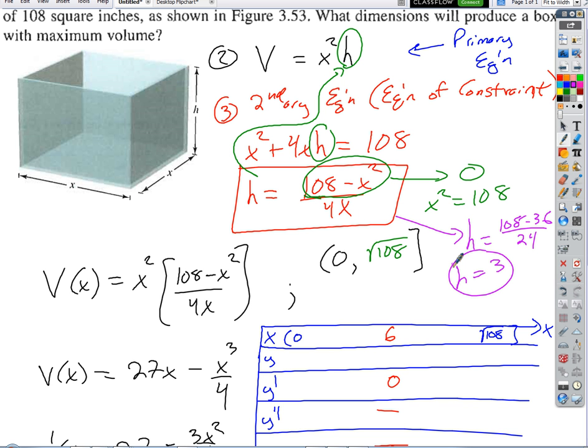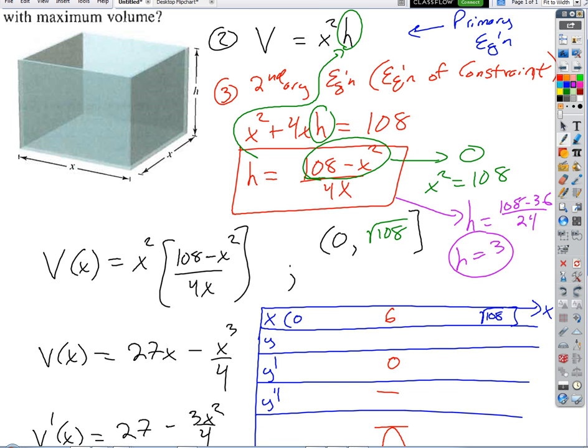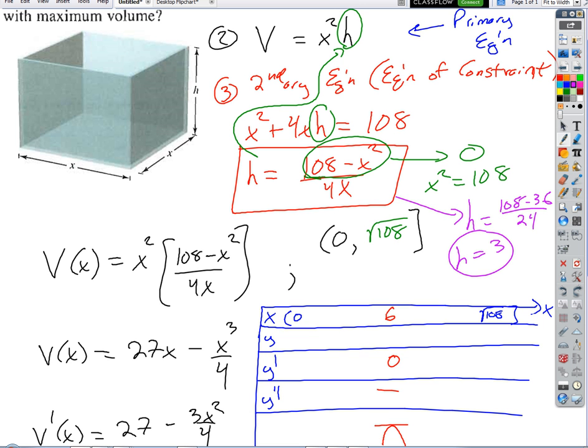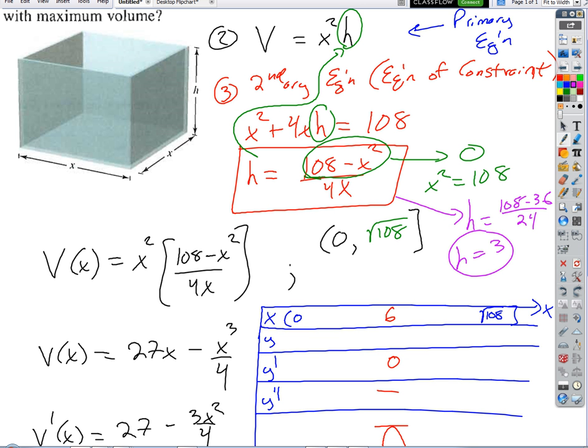That's pretty cool. Wait, why isn't every volume the same? You use the principle of exaggeration, right? The principle of exaggeration is a great tool. So what if we took a volume where X was almost the square root of 108 and Y was just really tiny?